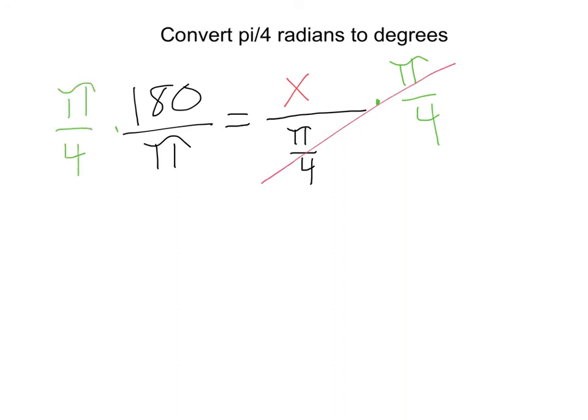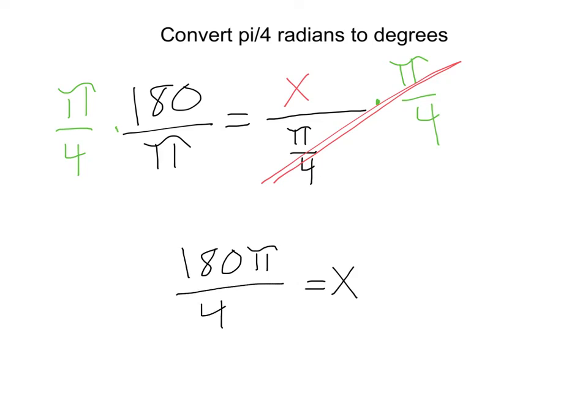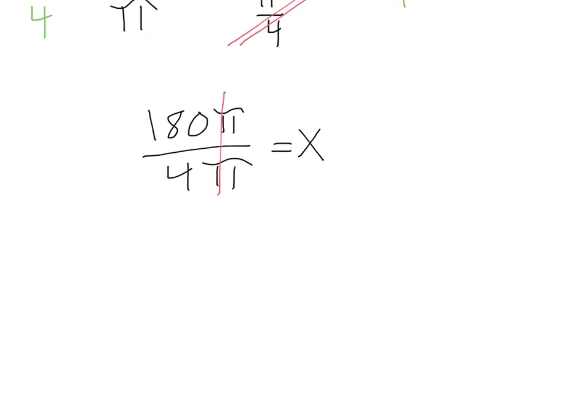These are going to cancel each other out, leaving us with x equals pi over 4 times 180 over pi. That's going to give us 180 pi over 4 pi. And if we simplify that, those pi's are going to cross each other out, and we're just going to be left with x equals 45 degrees.